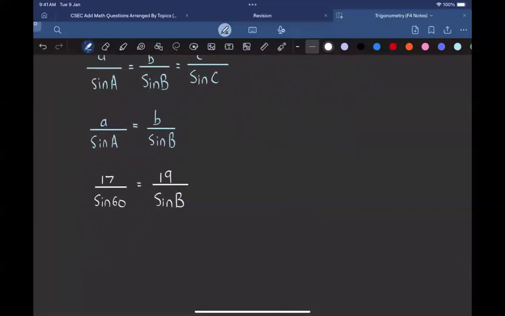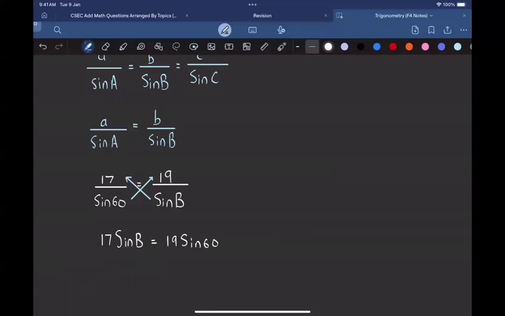You could cross multiply. Anytime I cross multiply, I'm going to end up with 17 sine B. Any other way, it's going to be wrong. It has to be 17 sine B, equal to 19 sine 60.